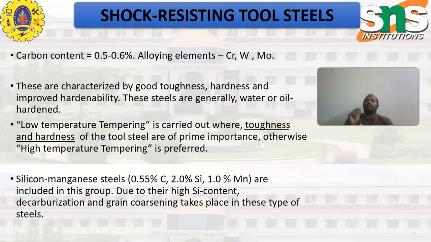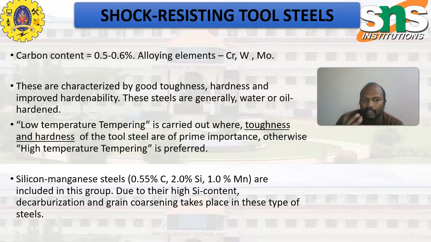Silicon at 2% and manganese at 1% are added to this steel. Due to this high silicon content, decarburization and grain coarsening happen.